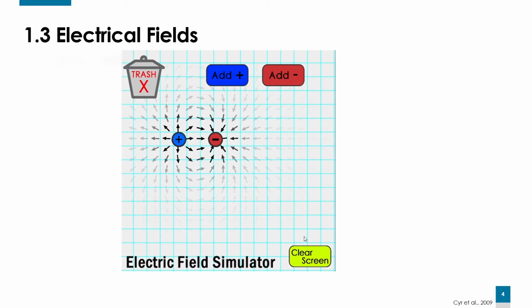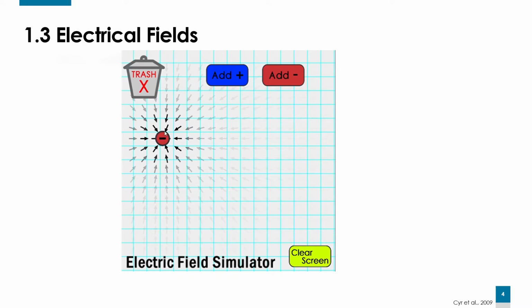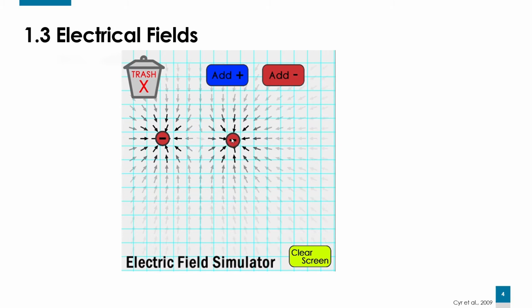Now I'm going to do the same with just negative charges. What happens to the negative charge? The field moves toward it. If I add another negative, also toward. And if I put them together, in the middle there is no field forming because they repel each other.